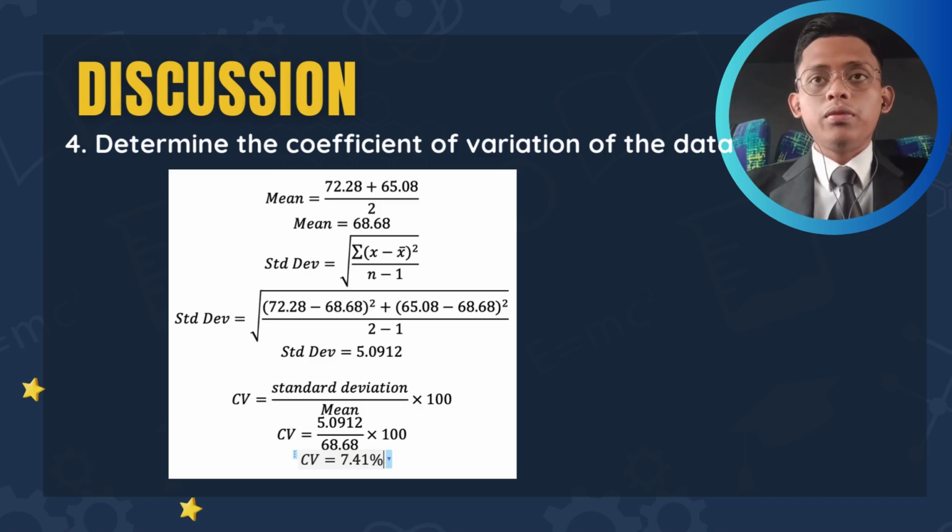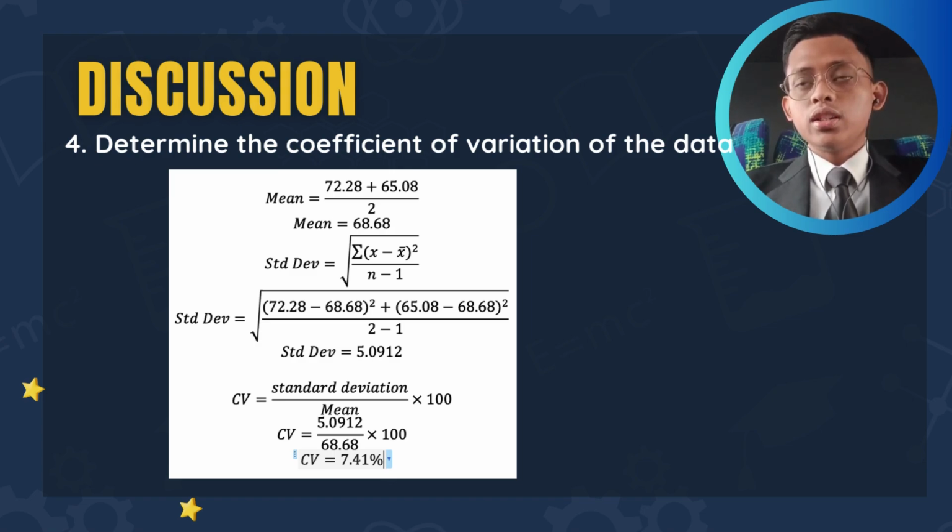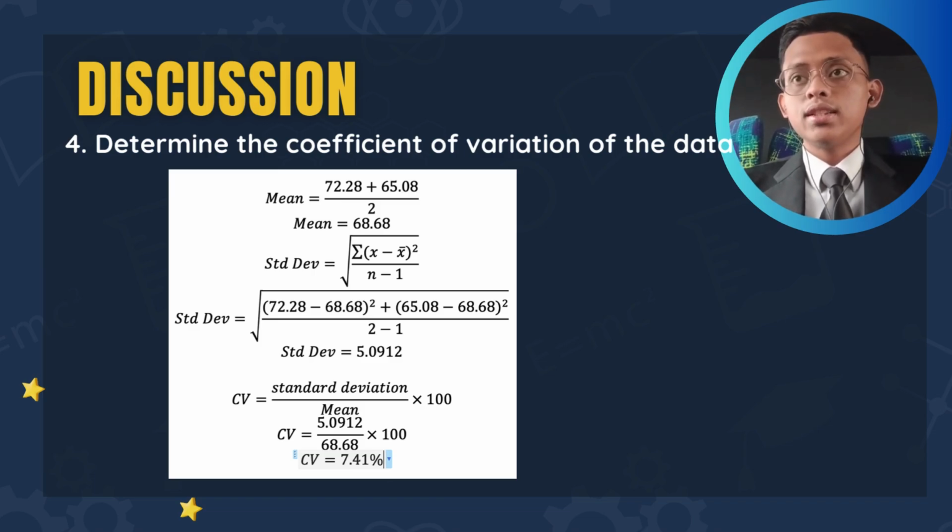The mean is 68.68%. For the standard deviation, the value is 5.0911, and we substitute the values into the coefficient formula, which gives 7.4120%.